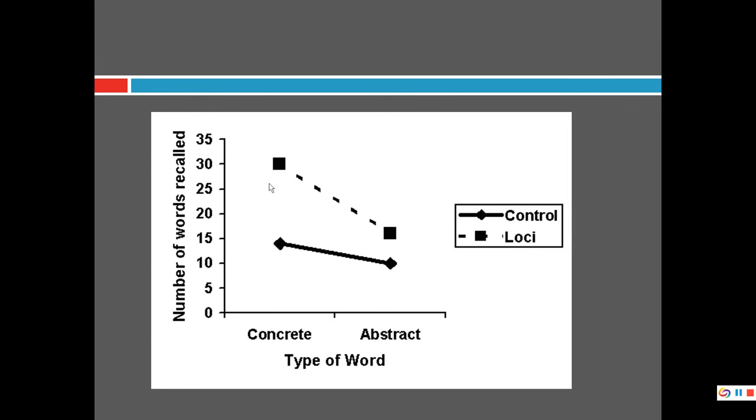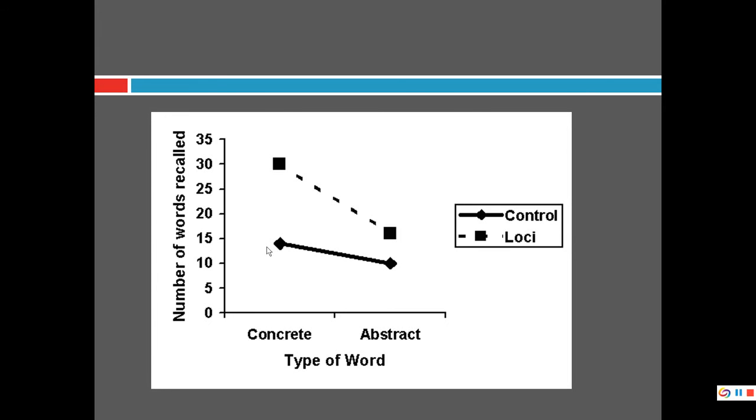But because you have done this entire 4-condition study, you can actually see that the type of word affects how useful the method of loci is. For abstract words, it doesn't really help us that much. There's not that big of a leap compared to concrete words where there's an enormous leap. And this makes sense, right?